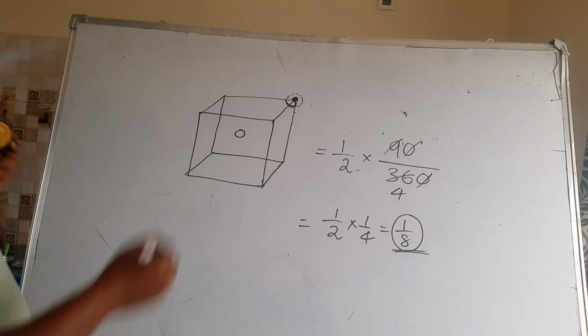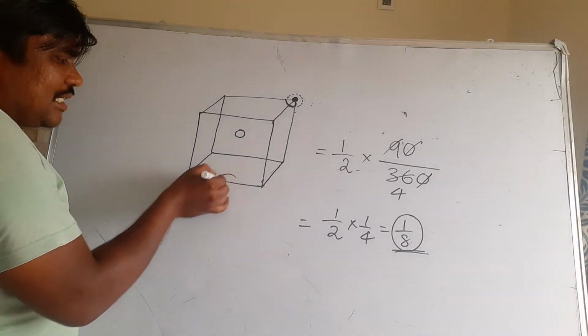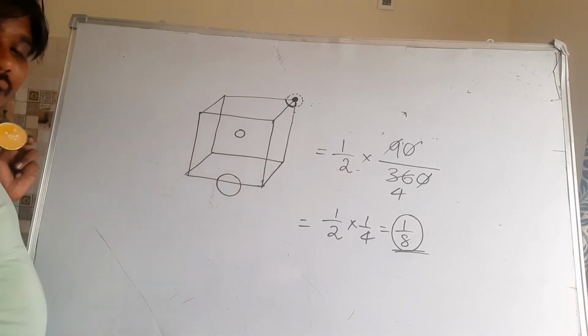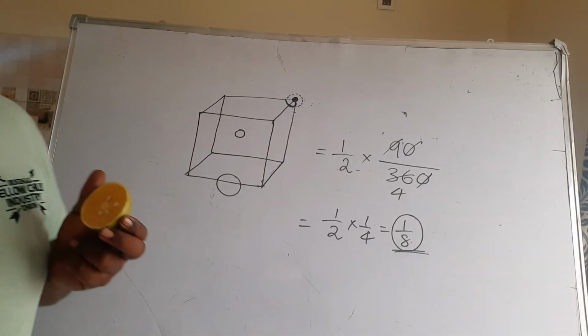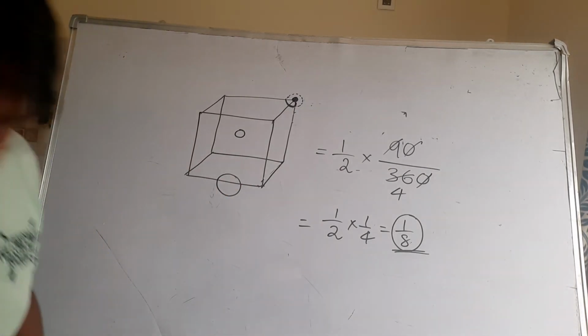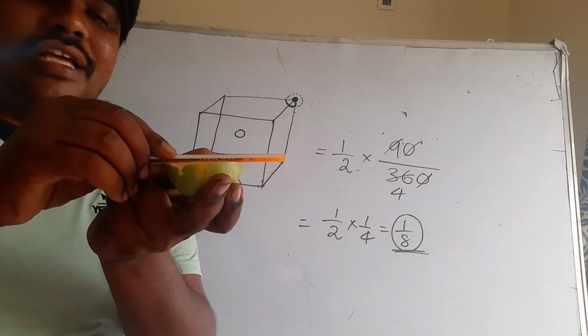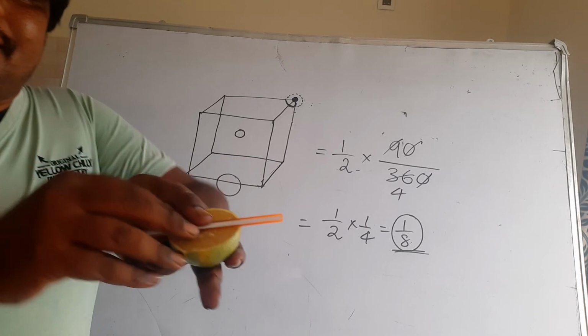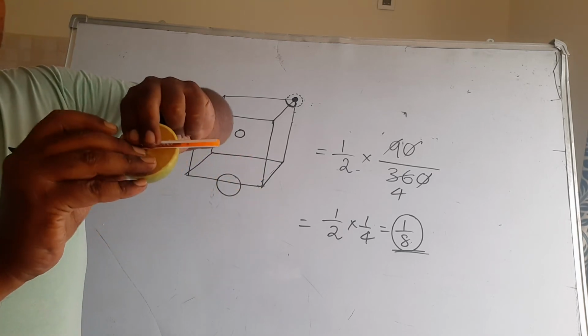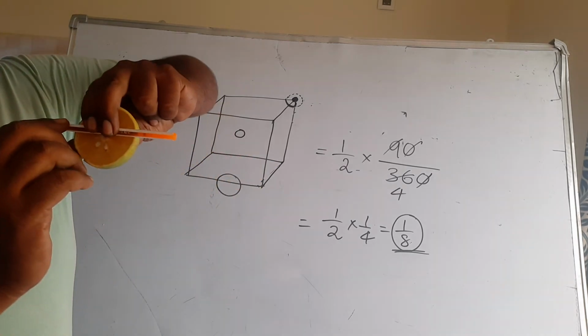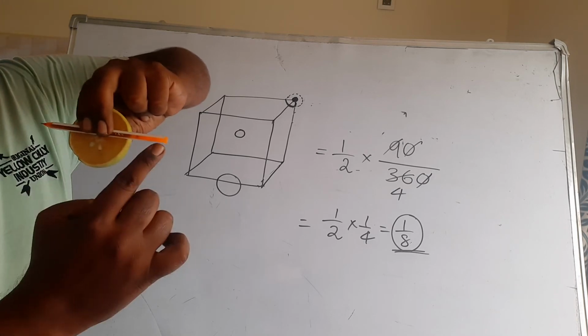When a lattice point is on the edge, that means the edge passes exactly through the center of the lattice point, like this.